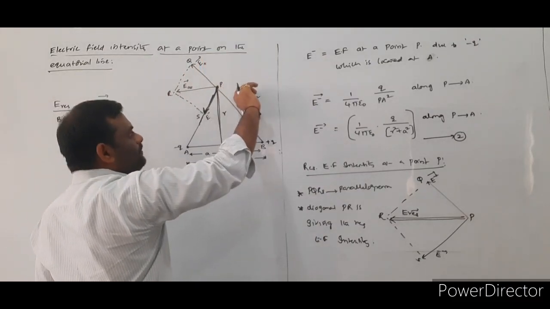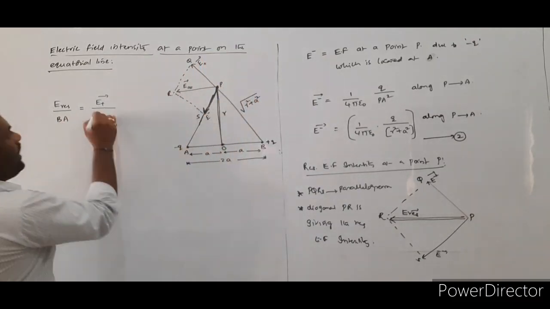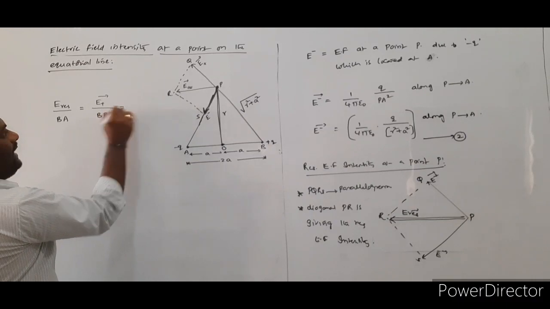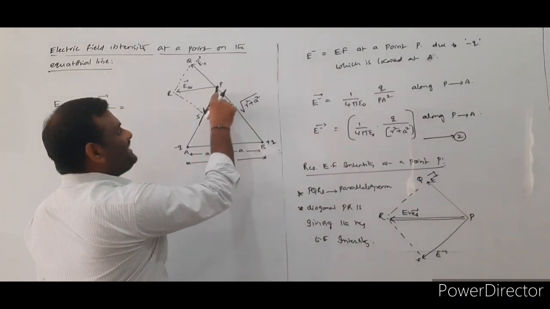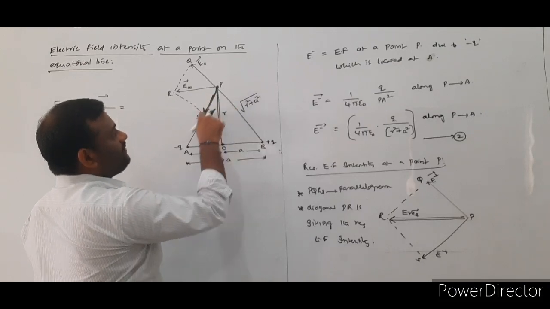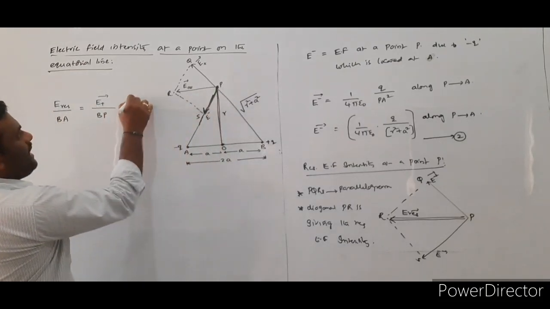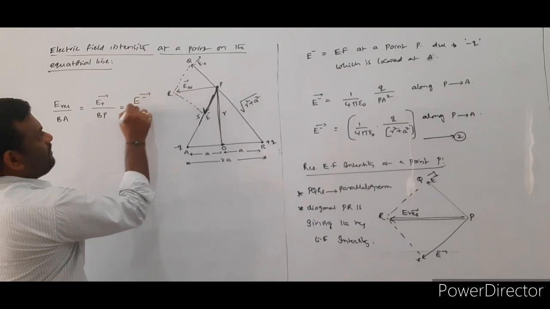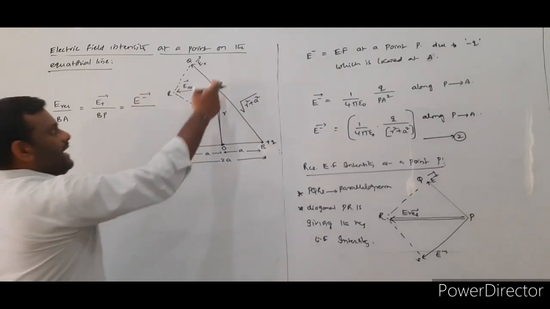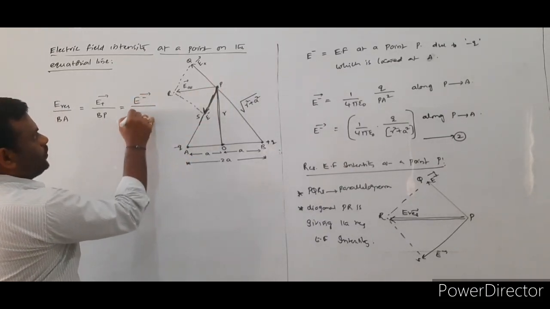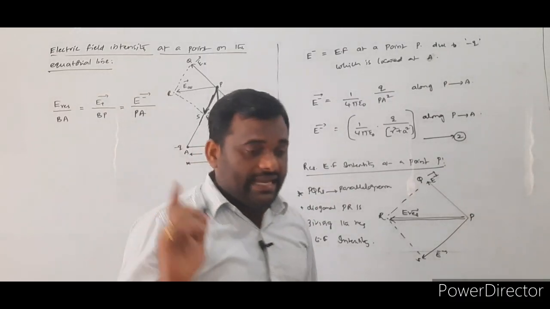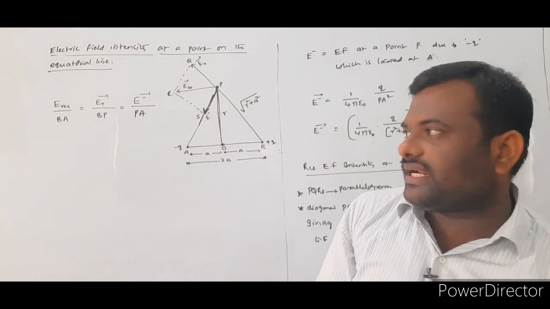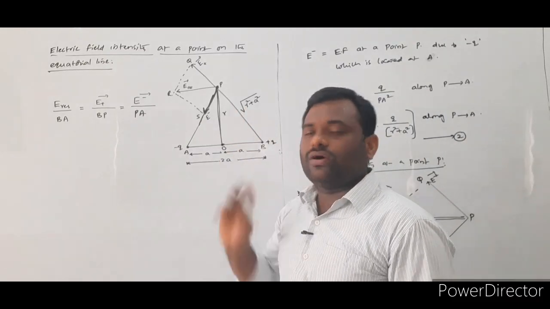Its corresponding length is BP. Now in this direction, E minus vector will be there, and its length is PA. Once again, I consider the similar triangles concept.